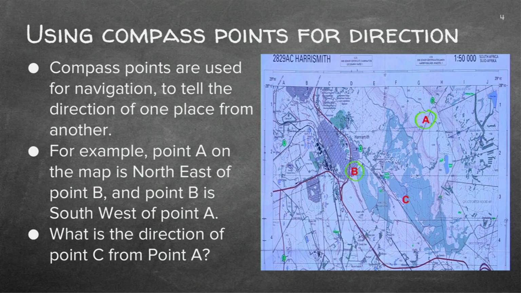I am sure you will agree with me that A is northeast of B. If from point B, I put my major compass points, you'll see that point A will best fall as northeast, because this is north and that is east. So we'll say point A is northeast of point B.